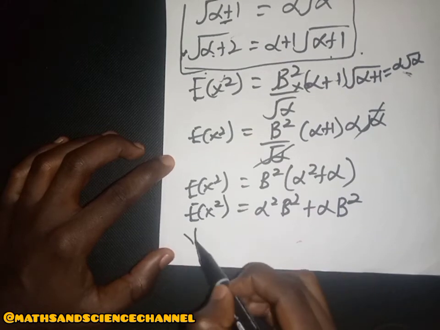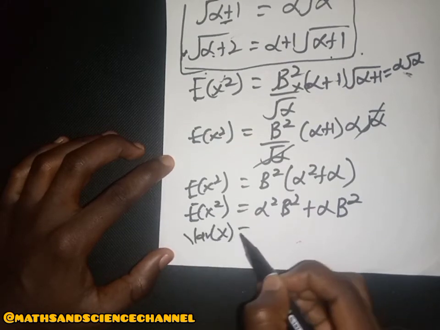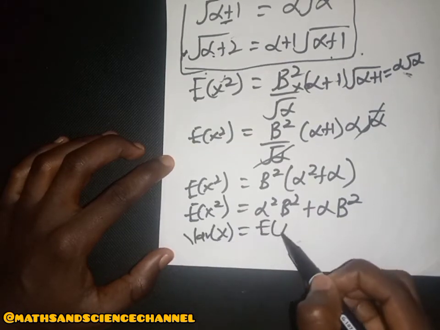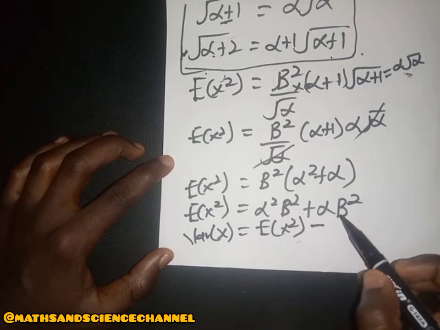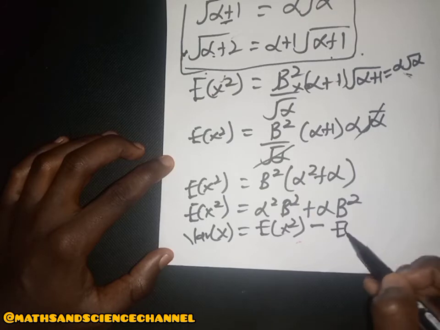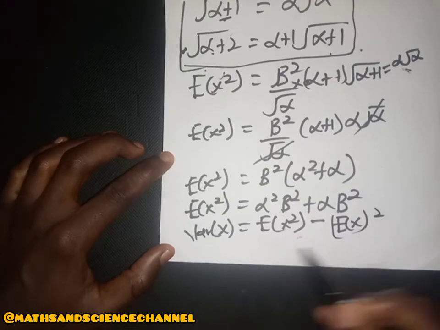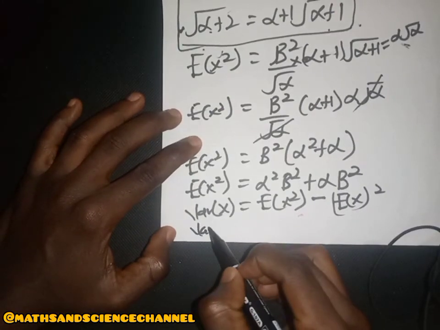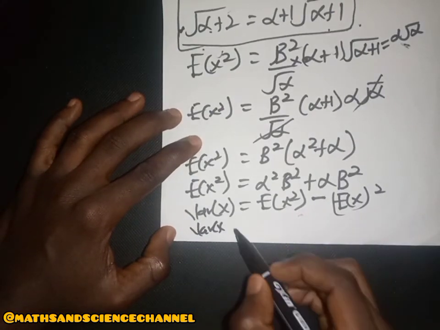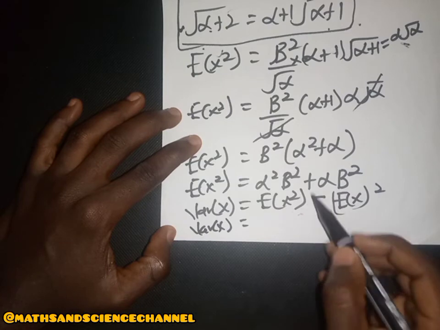So the variance we can write as E of X squared minus the square of E of X. So we can have the variance of X being equal to that.